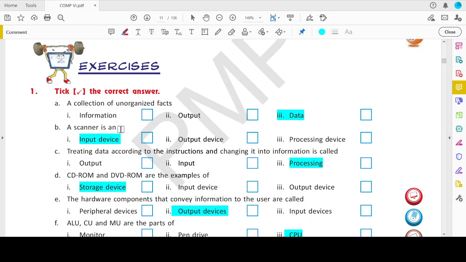A scanner is an input device, output device, or processing device. A scanner is an input device, and we know that a scanner scans an image or a photograph.